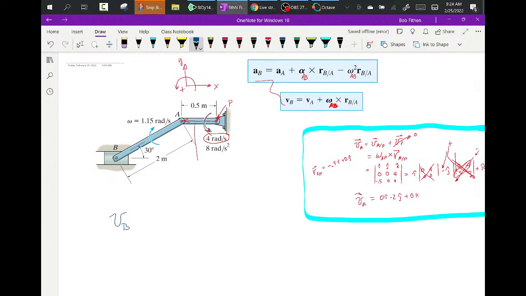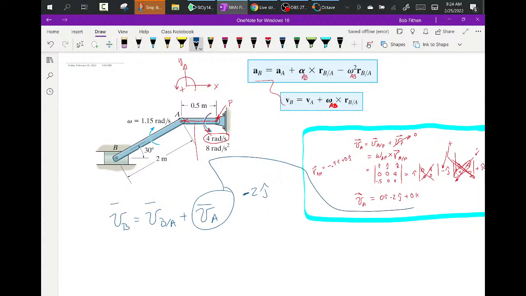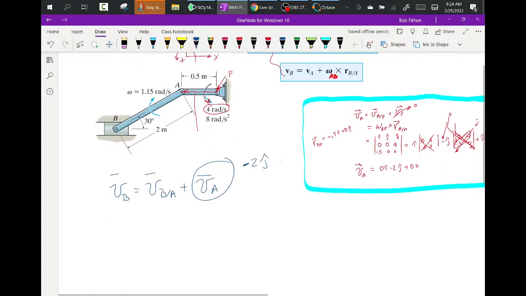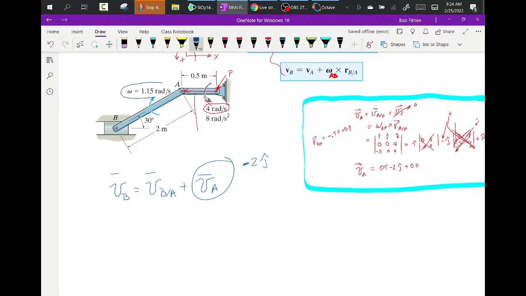Velocity of B is equal to velocity of B relative to A plus velocity of A. This is nothing more than minus 2J, so we've already determined it right here. Now I'm going to assume for the moment that maybe I don't know that, and we're going to find it.